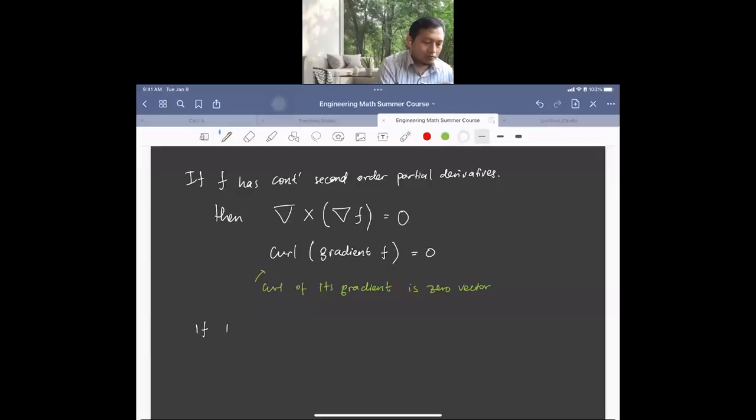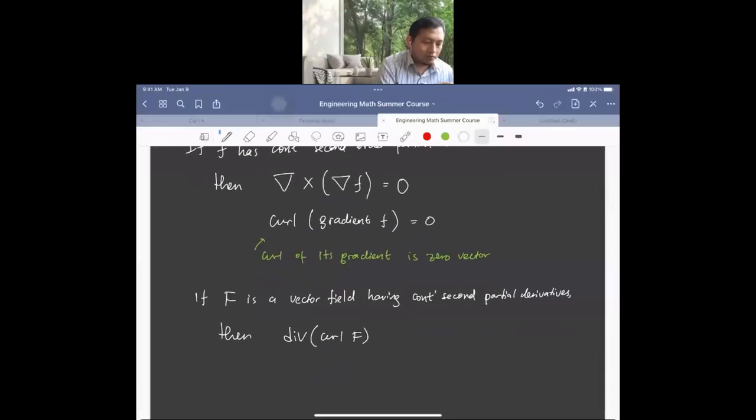And then if F is a vector field and has continuous second partial derivatives, then the divergence of the curl of F, or del dot del cross F, is 0.